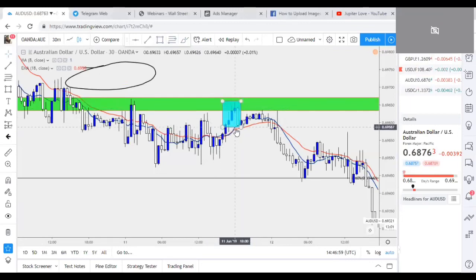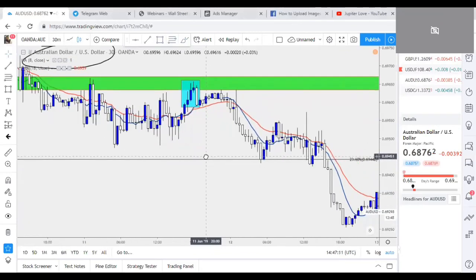Pay attention to what's going on. You could have taken entry right here, with a stop loss probably above, but now that I have this break retest, I want to find an entry where I have that crossover.